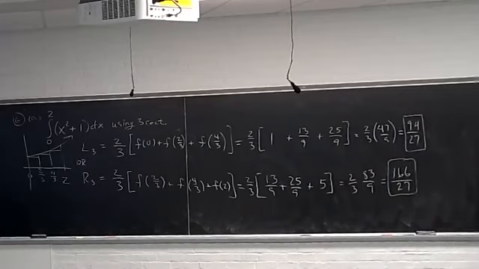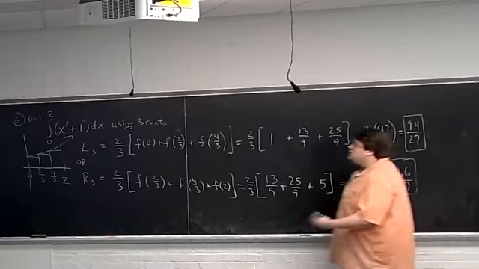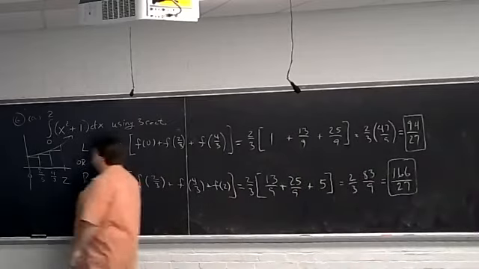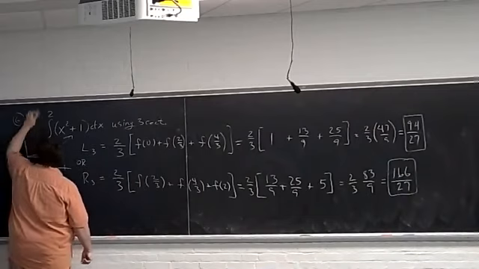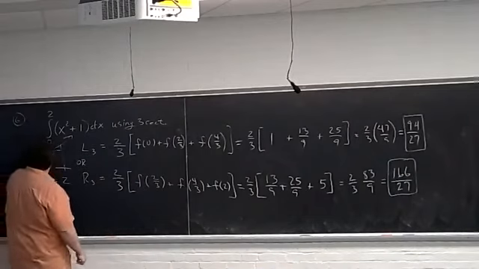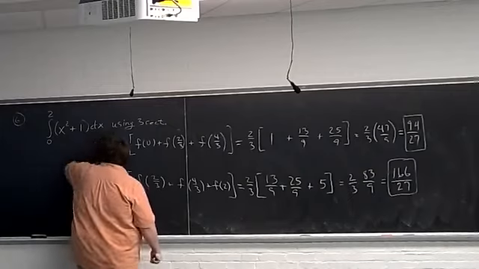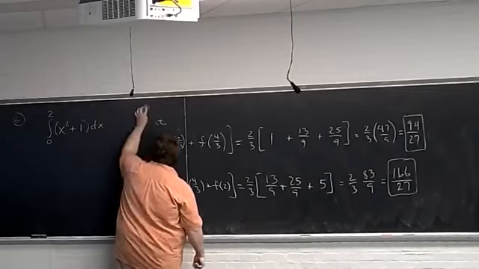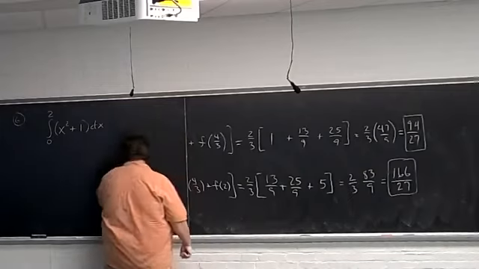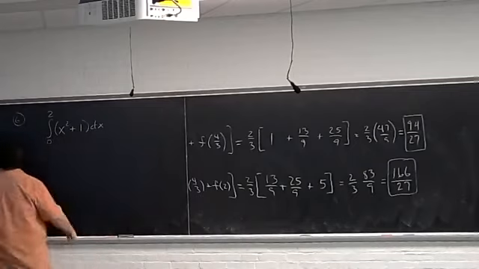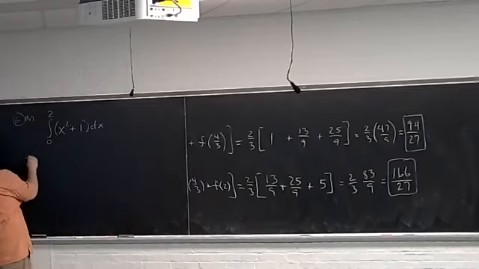Any questions about part A? Well, we did the approximations. We can now, using the fundamental theorem of calculus, find this exact integral. And we'll notice our exact integral will give us a number between those two. What do we get using the fundamental theorem?